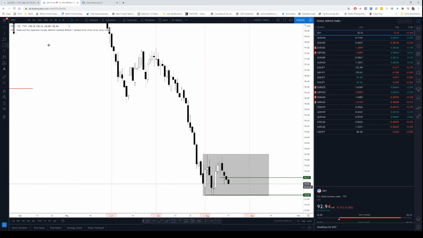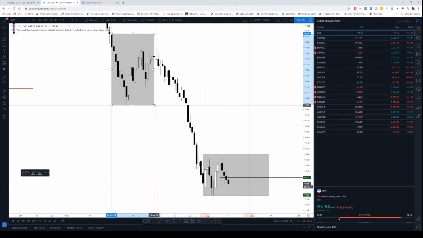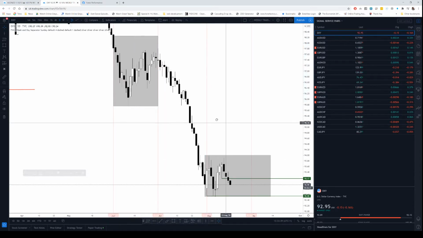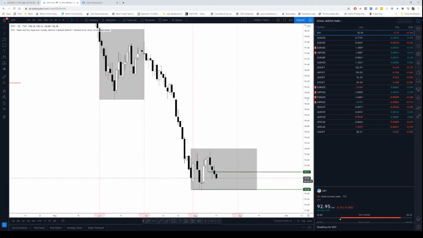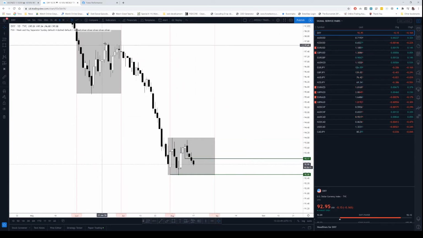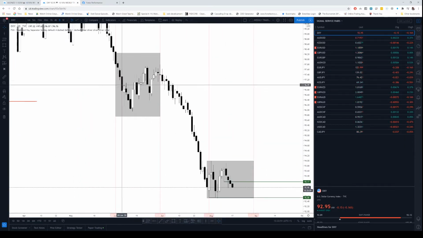So June was another month of consolidation, and then in July we had a push down, and then in August we are now in some form of consolidation. So we are going to go through similar situations to what we encountered back in June.